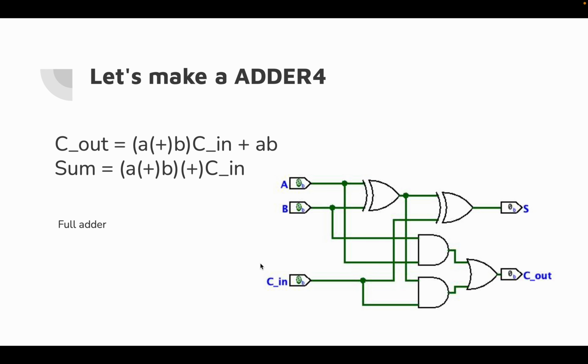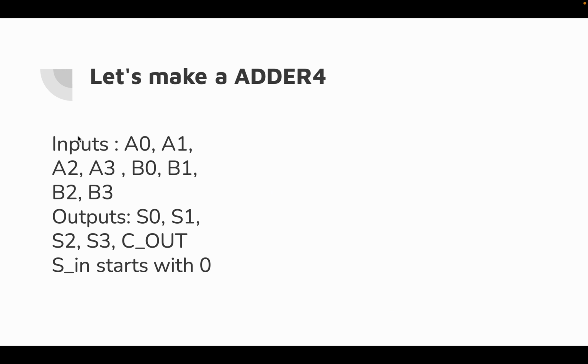Since we now have our full adder, we can convert it into a circuit using Logisim, the Holy Logisim appearance. What that will look like is, first, we'll have our inputs, and since this is going to be 4 bits, we're going to have both A and B values: A0, A1, A2, and A3, with B0, B1, B2, and B3 as our inputs.